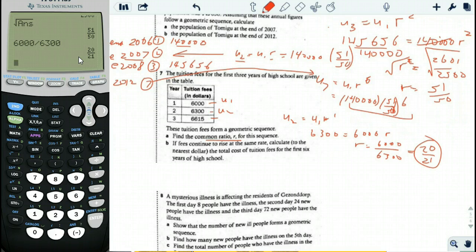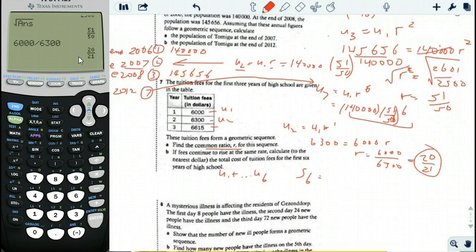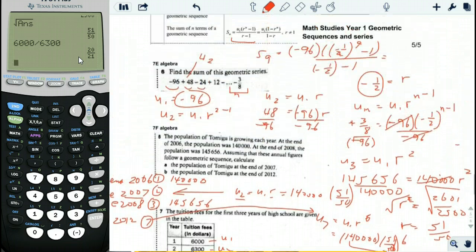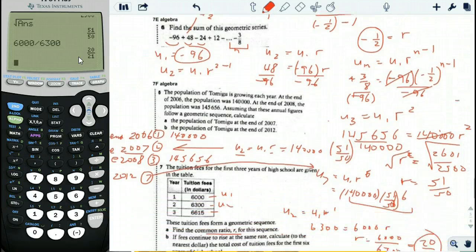If the fees continue to rise at the same rate, calculate to the nearest dollar the total cost of tuition fees for the first 6 years of high school. So that would be U1 added up all the way to U6. So that would be S6, right? Because we want the sum of the first 6 years. So we would use these formulas here.